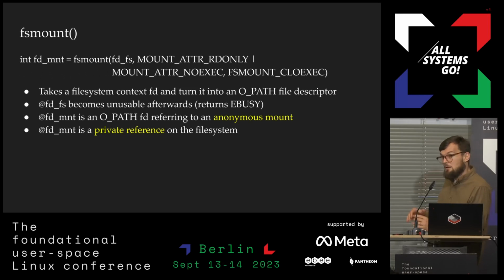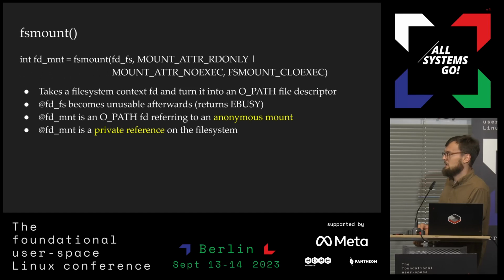So once you make a mount visible in the file system hierarchy, you commit to it belonging to this specific mount namespace. There are internal implementation details of why this is a good way to do it. It would be rather complicated. The tree hierarchies that we have to take care of and so on would be very hard to get right if you could just move mounts around. And it's also easier to reason about.